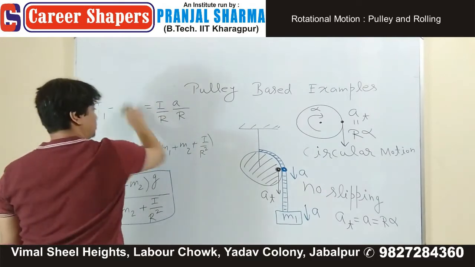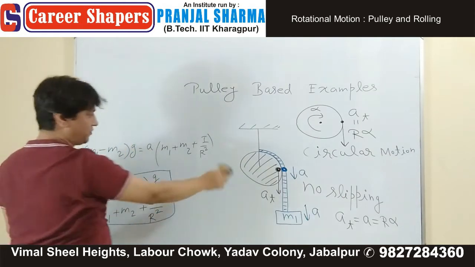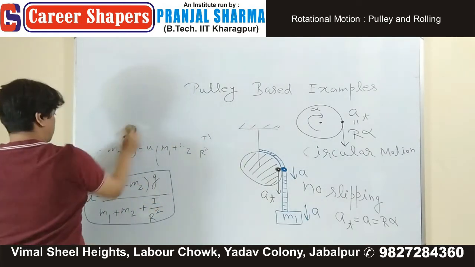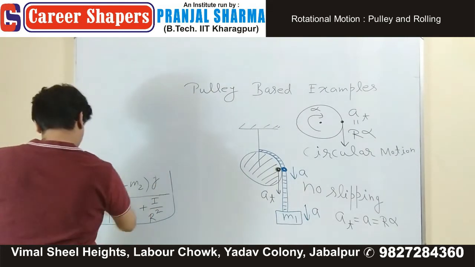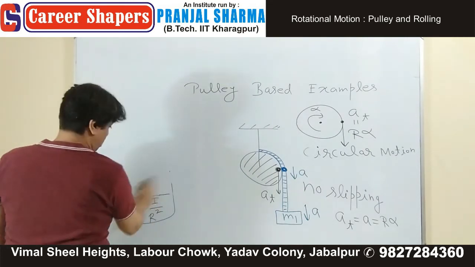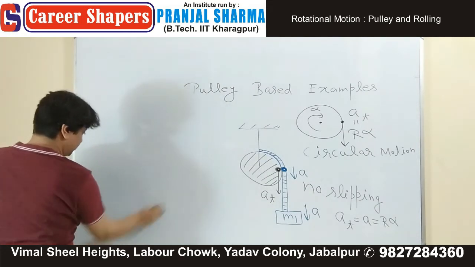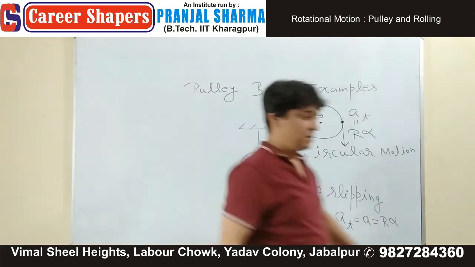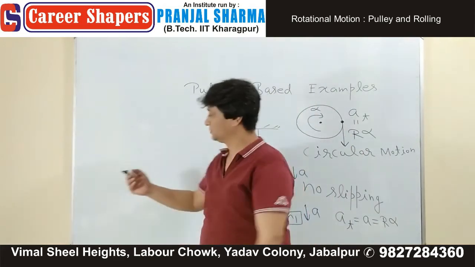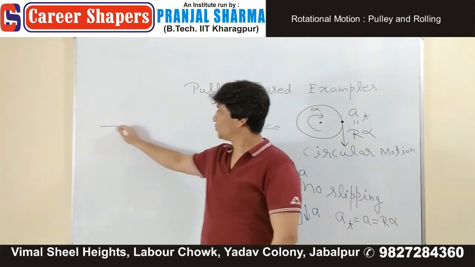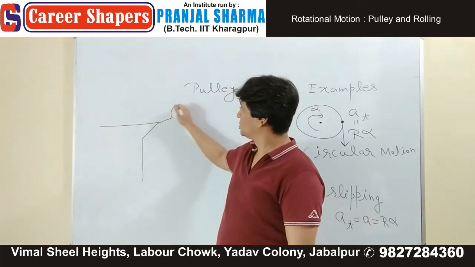In laws of motion, after M1 and M2 in this format, we had a table, and on top of the table was M2 and M1 was hanging. Like this. So it's a frictionless table. There is a pulley.